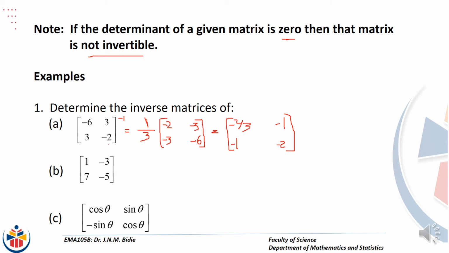Each term is multiplied by 1/3. So this is the inverse of that matrix. And the only reason why we're able to find its inverse was because its determinant, we discovered that it is not 0. So we can do the same for the next matrix.